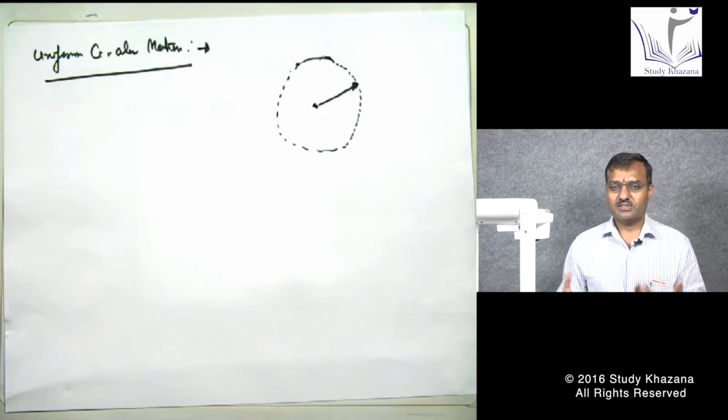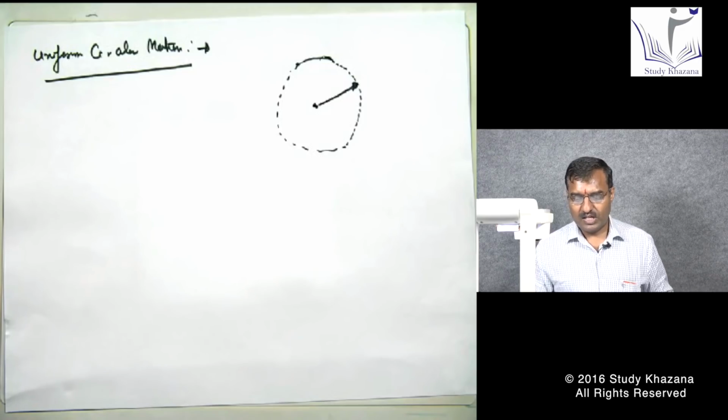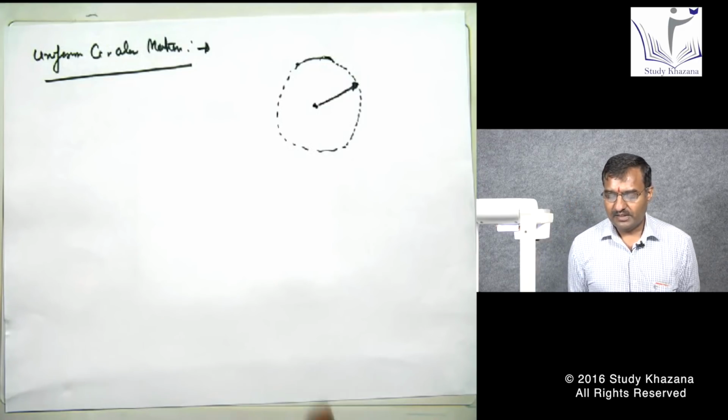You can also consider planets revolving around the earth, or other examples in which a circular motion can be defined.